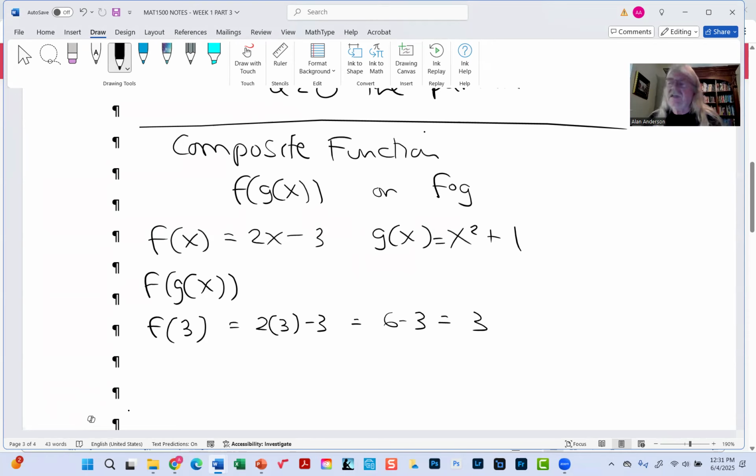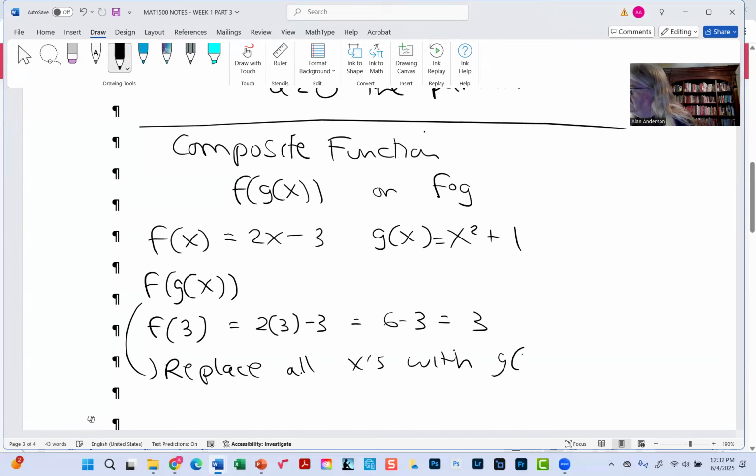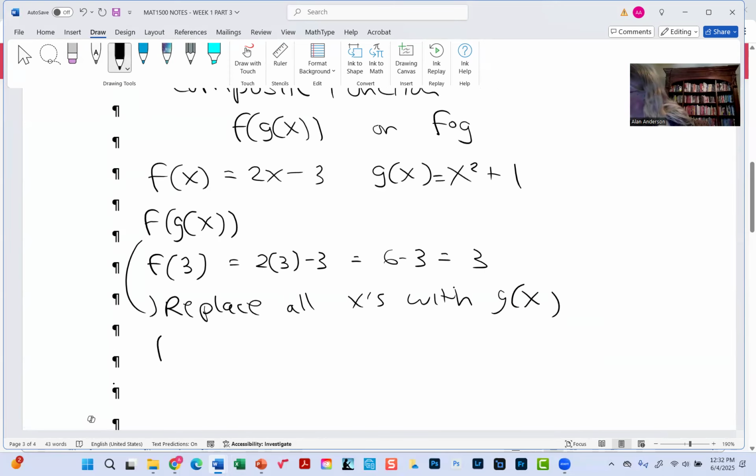This is exactly the same thing. Replace all the x's with g of x. So in other words, I'm going to write this as 2g of x minus 3.